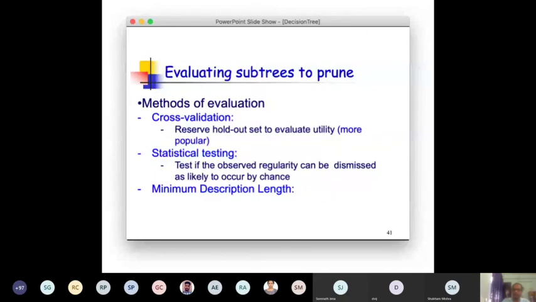It has some justification, statistical significance, we say, with respect to that kind of pruning. We'll explain during hypothesis evaluation. That is also a topic we will discuss.